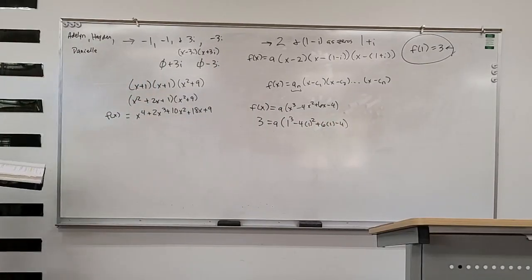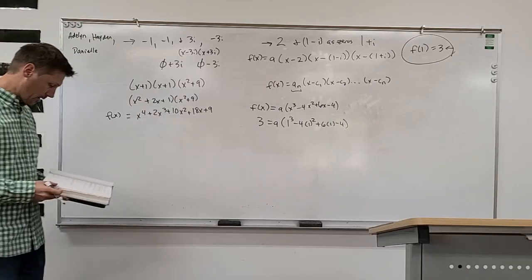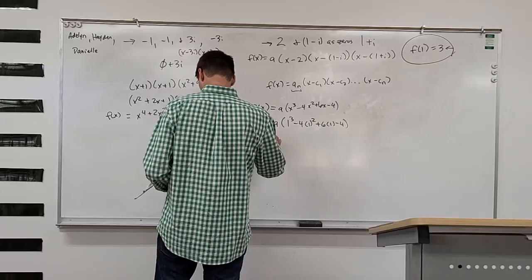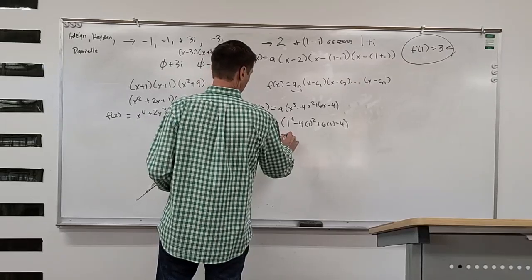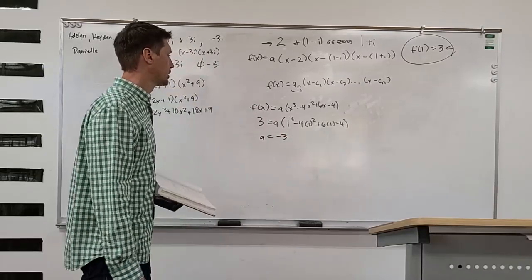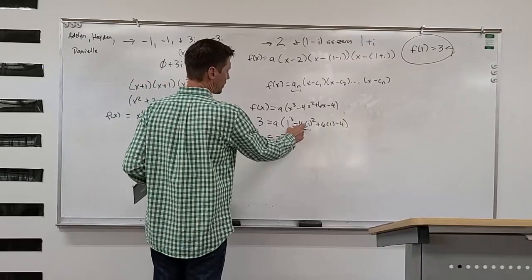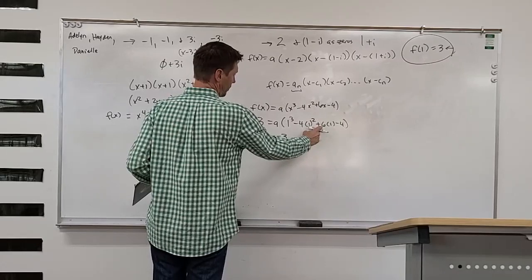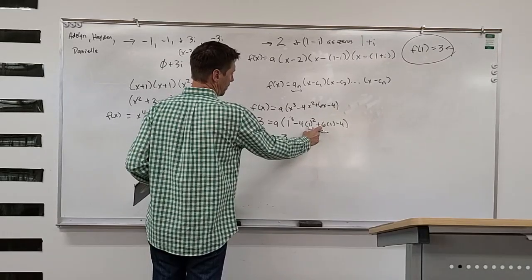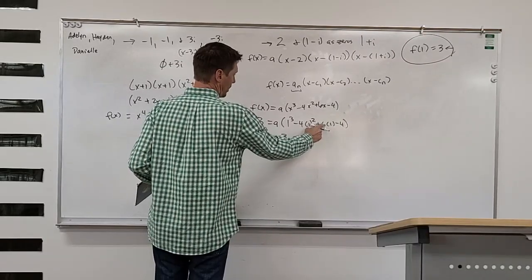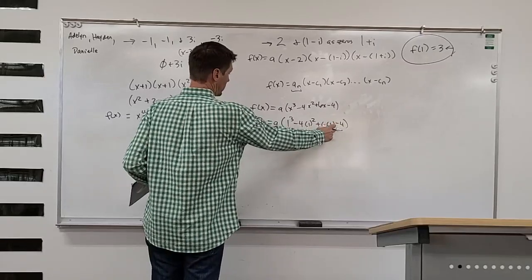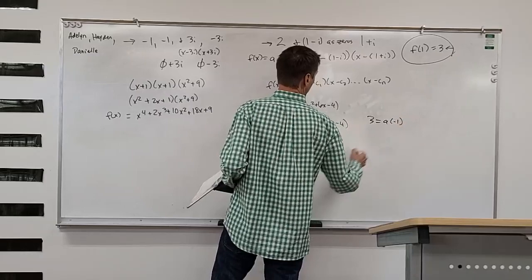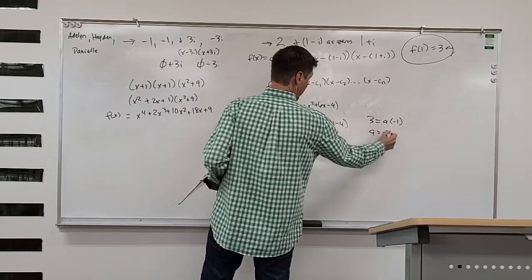Right? And so I do the math for that, and when I simplify that, I find out that a has to be equal to -3. Because this would be what? 1 minus 4 is -3. -3 plus 6 is... no, it's +3. Sorry. +3 minus 4 is -1. So our equation would be 3 equals a times -1. So if I solve for a, I get a equals -3.